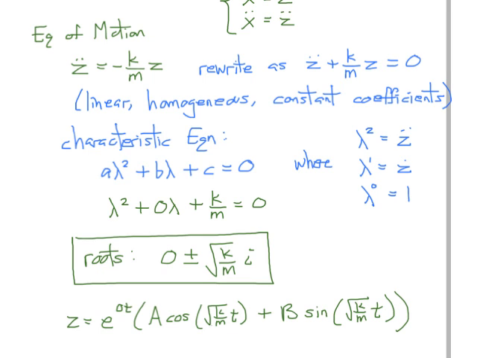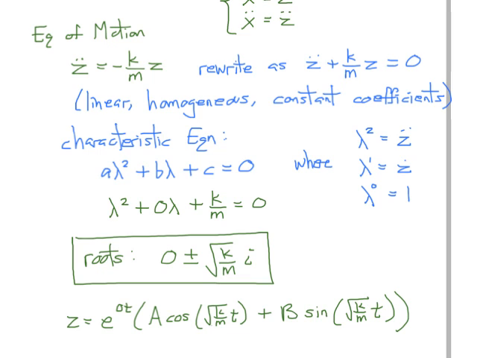The general form for this system is an exponential decay in which we use the real portion as our time constant, and then we have our oscillating portion, which is governed by the complex part. In this case, we need to put in both the cosine and the sine because they're linearly independent, and we've included the square root of k over m as the coefficient on our time variable. And then we have these undetermined coefficients a and b.